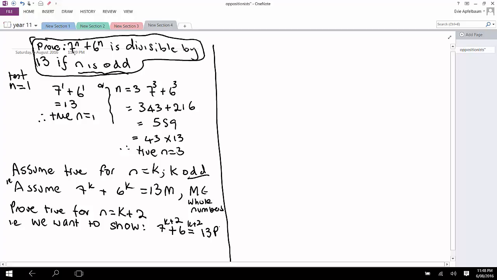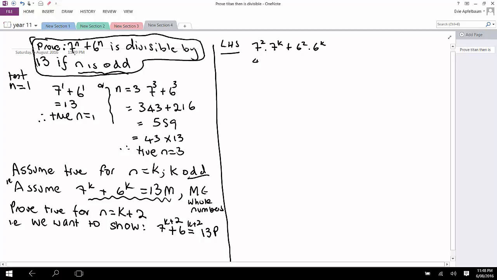Okay, now we would always like to re-express this in terms of our assumption. So we know that the left-hand side, sorry about the little squeaks, is going to be 7 squared times 7 to the k plus 6 squared times 6 to the k.